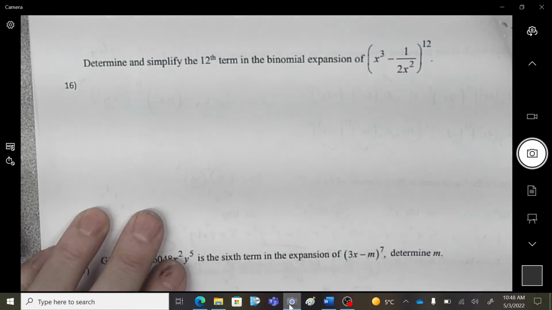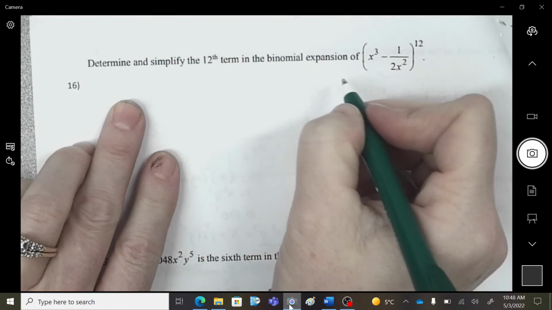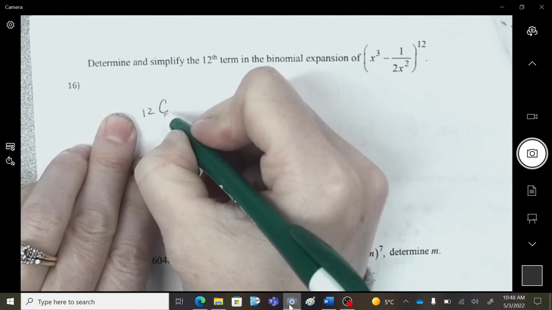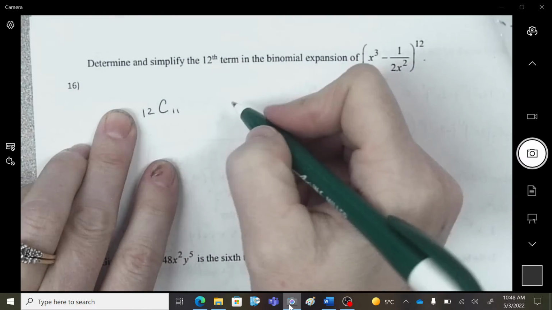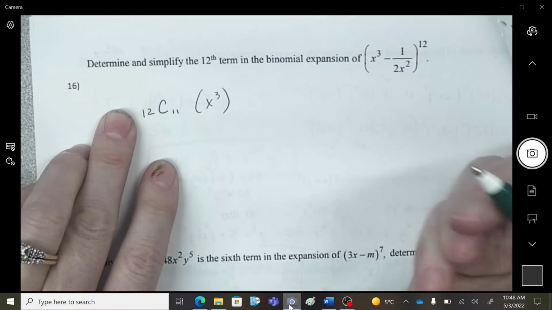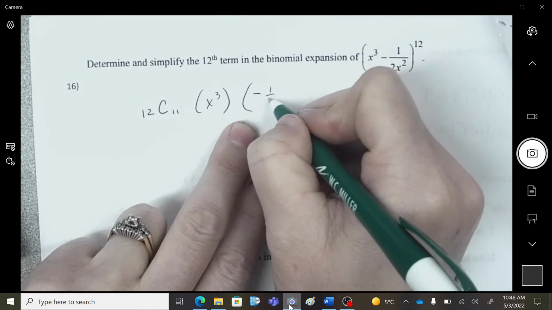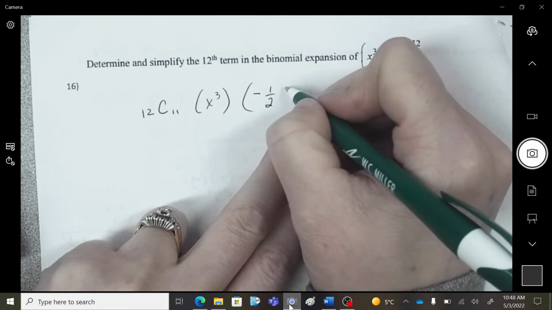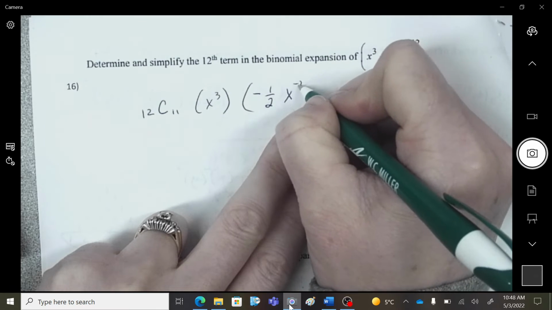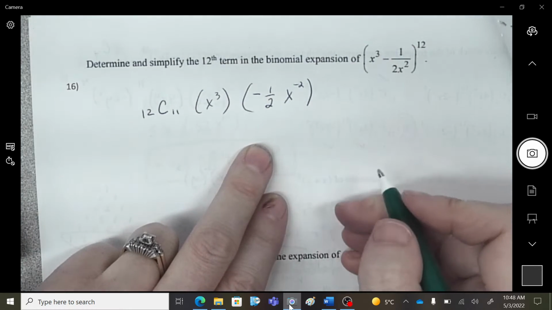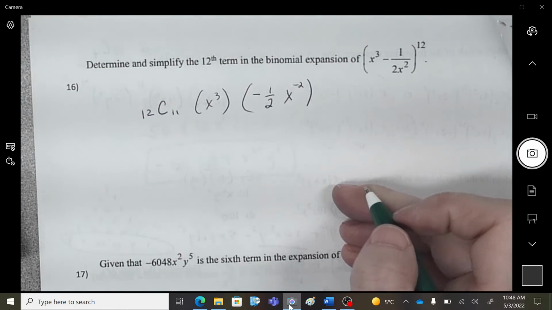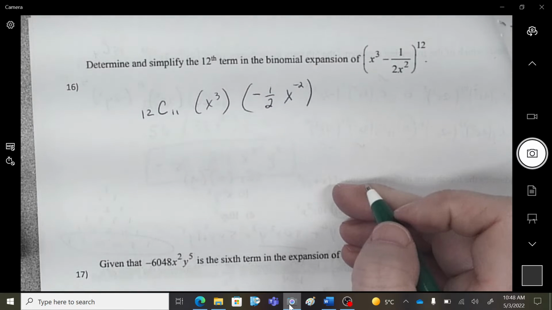Question 16, the 12th term. So the exponent 12, choose 11. The first unit, the second unit, so I'm going to leave the coefficient as negative 1/2, and I'm going to write an x to the negative 2 beside it.